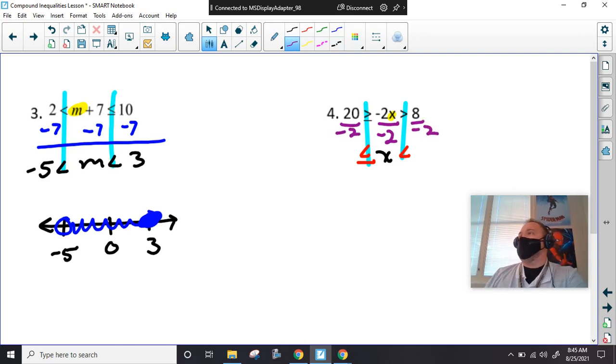Why does it change? I think that is what you missed on Monday. When you multiply or divide by a negative, it changes the direction of the inequality sign. That's like, name a food that you do not like. Mushrooms, eggplant. All right.